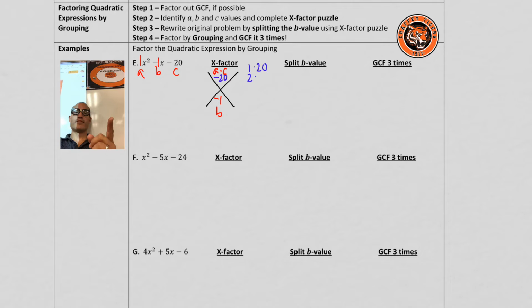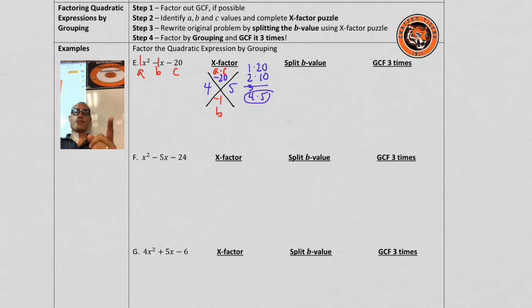It's 2 times 10. 3 doesn't work because you can't divide it by 3 evenly. And it's 4 times 5. And that's it. So the question is, of these 3 factor pairs, which of them can combine to make negative 1? And hopefully you can see that 4 and 5 can make 1 in some way. So I'm going to choose these 2. So I'm going to put these 2 into my puzzle.